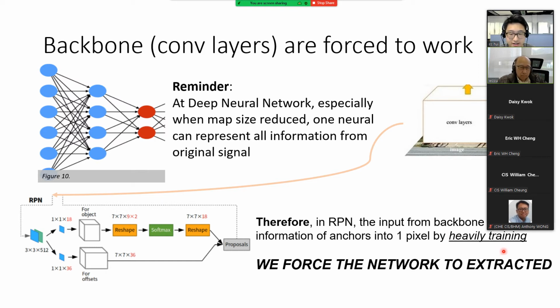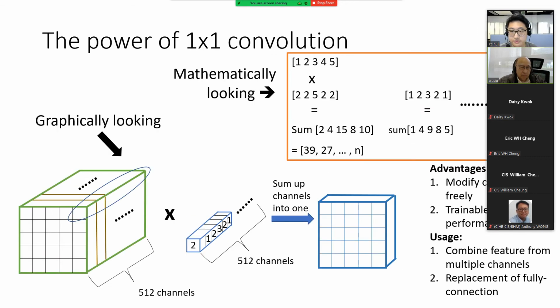Because we train it like this, we label the sample data with our desired format, so that by using heavy training, we can force the network to extract the anchors so that the following one by one convolution can know their properties. So a key point here is heavy training. This is very important. Then let's look at the one by one convolution.